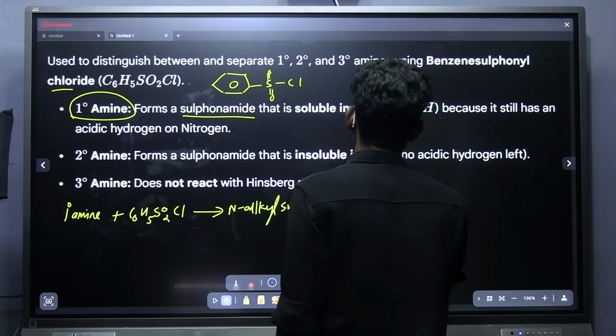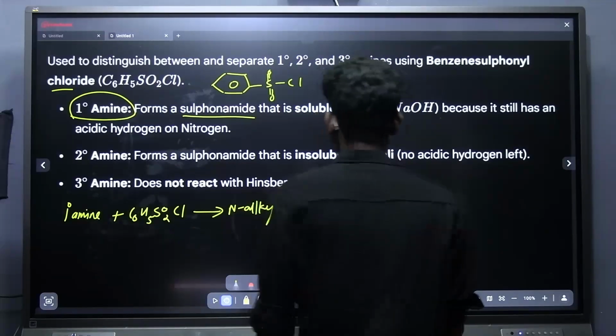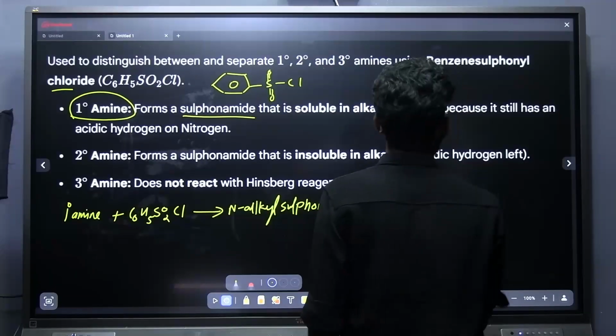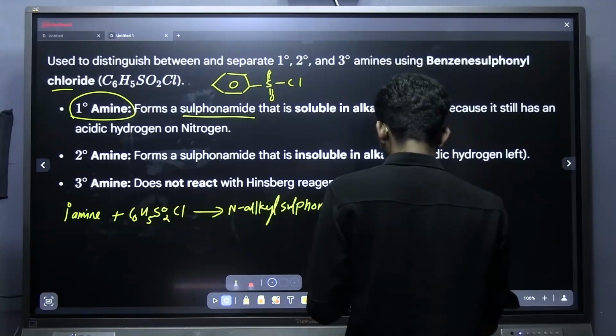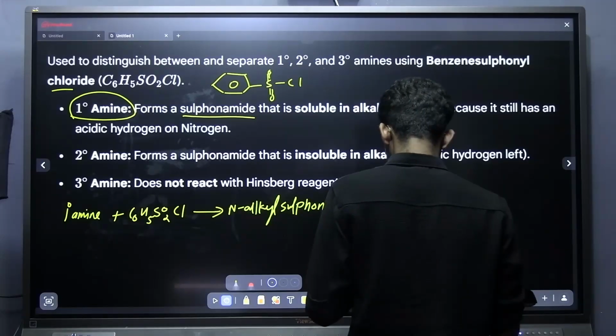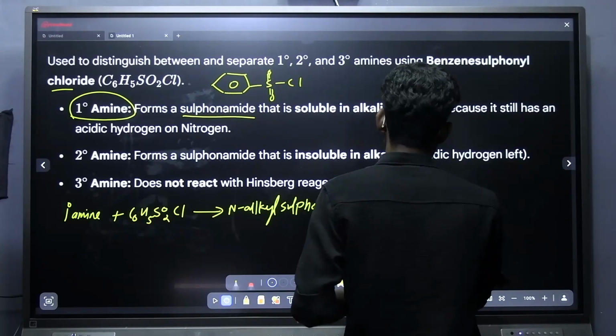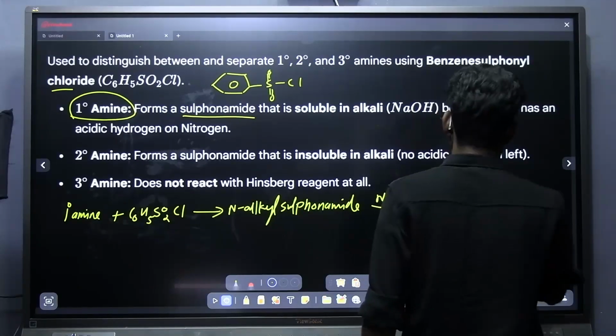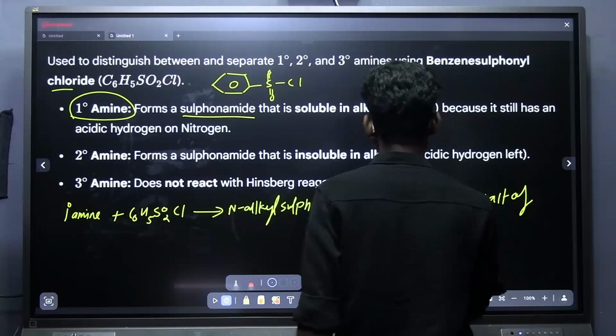And this one on treating with NaOH or an alkali, what will I get? The salt formed will be soluble, the sodium salt of benzene sulfonamide.